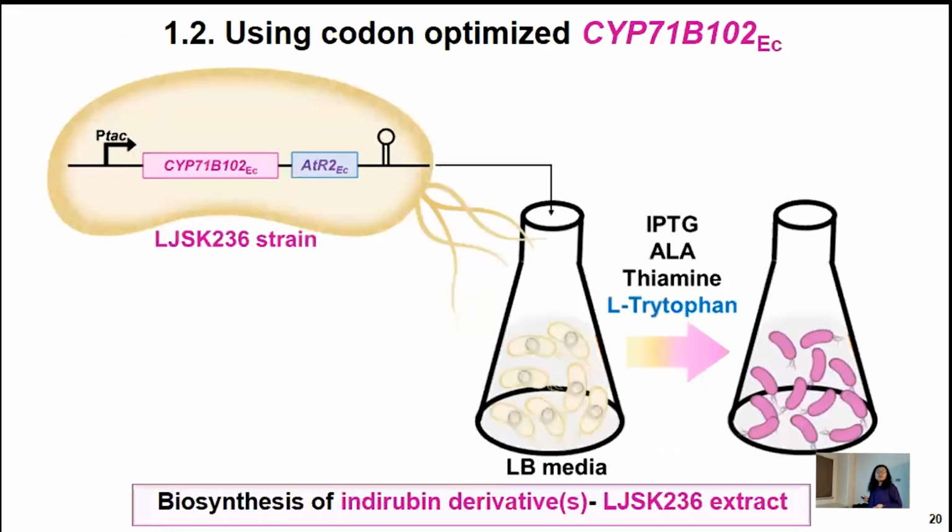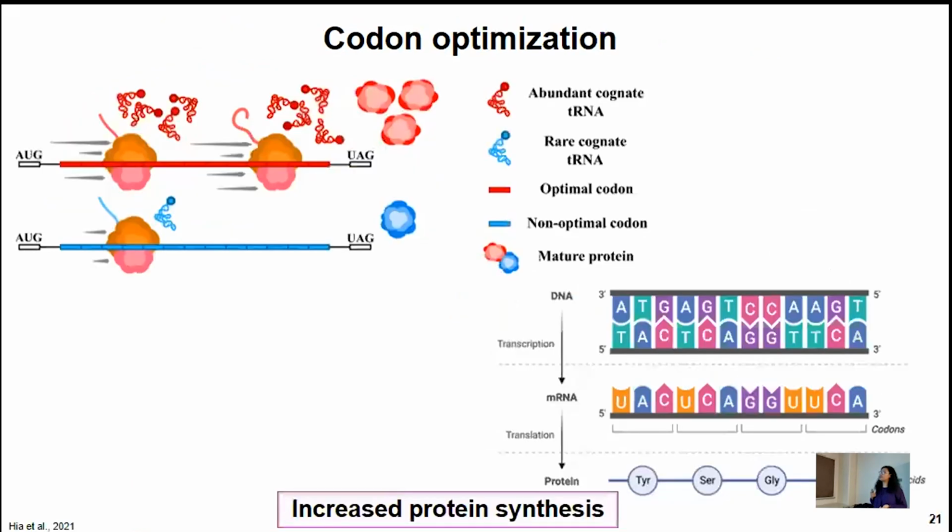Now, after this point, what we were doing was expressing a eukaryotic gene in a prokaryotic organism. So what we thought was, okay, we will do a codon optimization of the eukaryotic gene and then express it in the E. coli. Now, why codon optimization? Because whenever we express a eukaryotic gene in a prokaryote, the protein of interest that we want is very low in concentration.